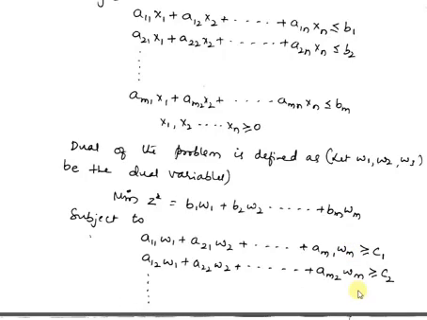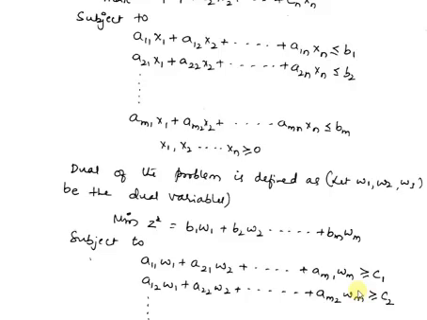Another relationship between primal and dual problems is that the objective function coefficients in the primal problem are the right hand side constants of the constraints in the dual.